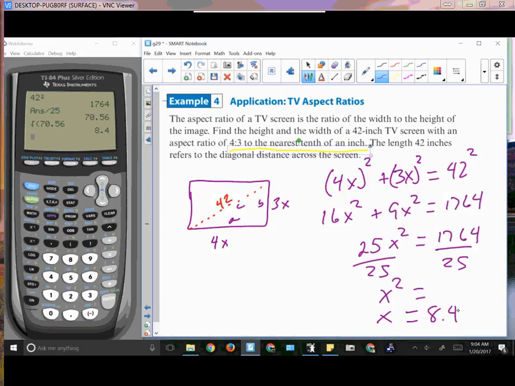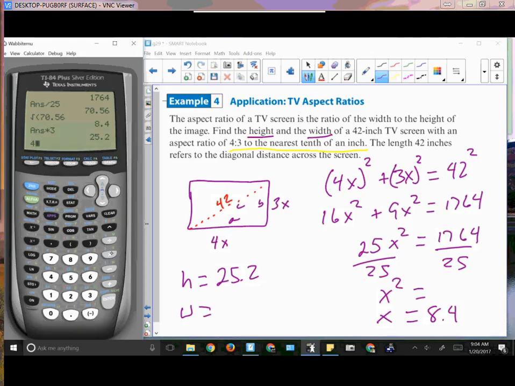Now, did I answer the question? And the answer is no. I'm supposed to find the height and the width. So if I take 8.4, multiply it by 3, I know that the height is going to be equal to 25.2. What is the width going to be equal to?